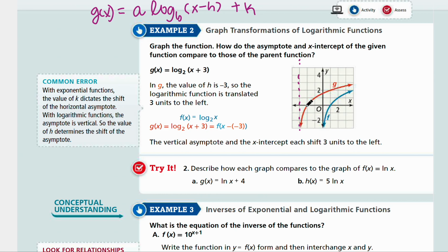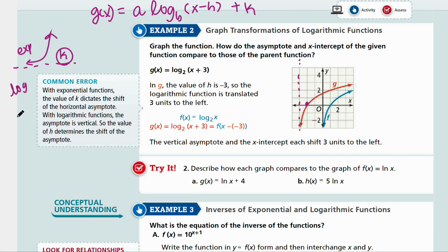Okay, so yeah, for logarithmic functions, because it's an inverse function of an exponential function, it is going to have opposite properties, opposite characteristics. So remember, your exponential function had a horizontal asymptote, and if you moved up or down, depending on k, you would move your asymptote.